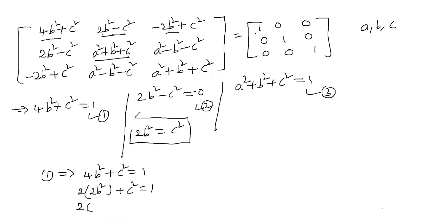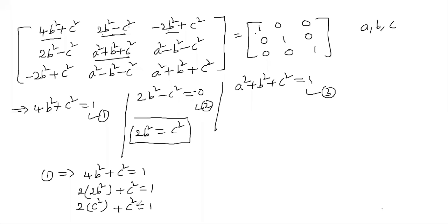Just now you got its value as c square. So c square plus c square is equal to 1. Now 2c square plus c square is 3c square. 3c square equal to 1, so c square equal to 1 by 3.